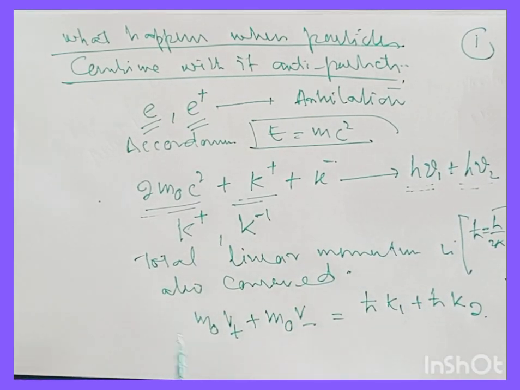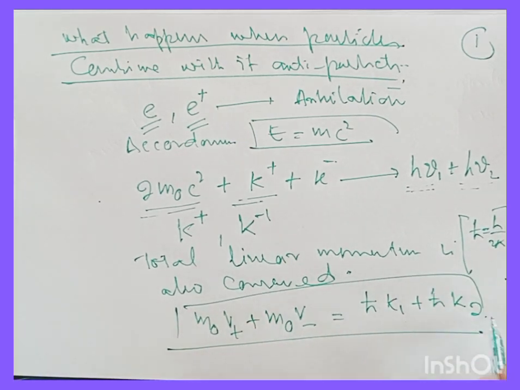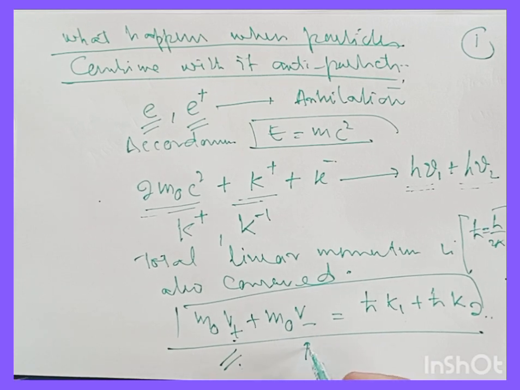What is important here is that the linear momentum of this reaction should remain conserved. V plus and v minus are the velocity vectors of the particle and antiparticle: v plus refers to the velocity vector of the particle, and v minus refers to the velocity vector of the antiparticle.